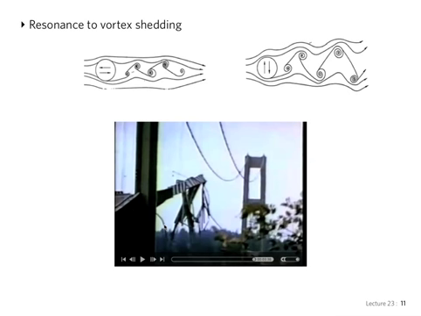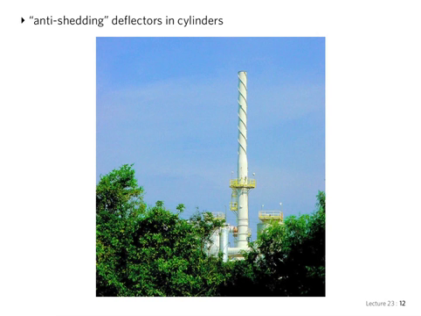And to avoid such vortex-induced vibrations, some cylinders nowadays are constructed with fins. For example, here you see a tower with some deflectors, in this case helical deflectors or fins.